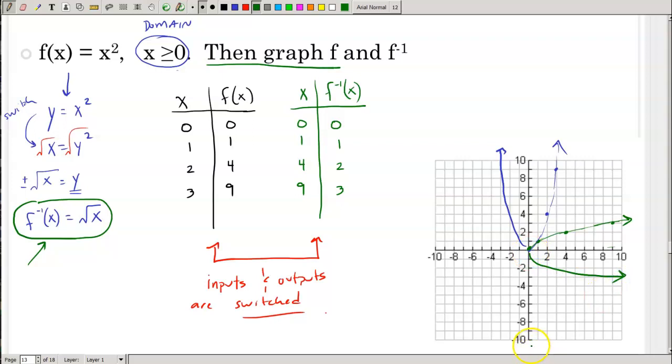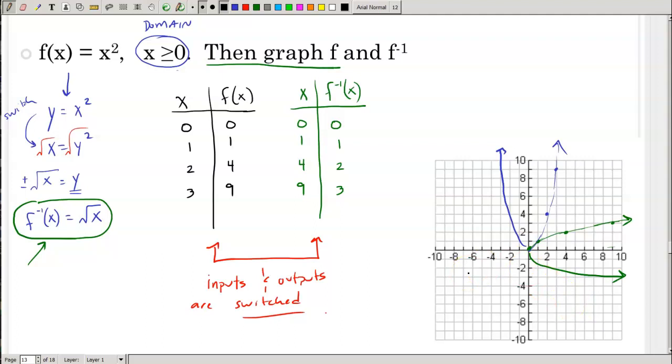Now, if we did that, the blue graph, or f, would have been a function, because it passes the vertical line test. That means every input has exactly one output. However, its inverse would not be a function, because it fails the vertical line test. Watch what happens here. It fails the vertical line test everywhere. That means that for every input, you have more than one output, and it's not a function.